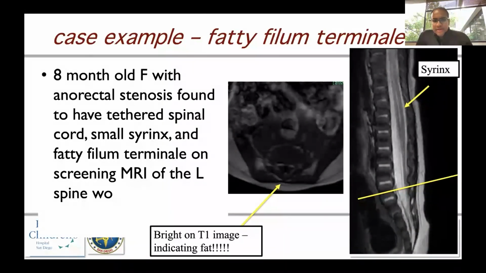You can see on this sagittal T2 weighted MRI the small syrinx within the spinal canal, and at this level on a T1 image, you can see this bright white area. It's probably a little hard to appreciate on Zoom, but that's indicative of fat. This child had a fatty filum terminale, which we sectioned to detether this child due to the presence of a syrinx.